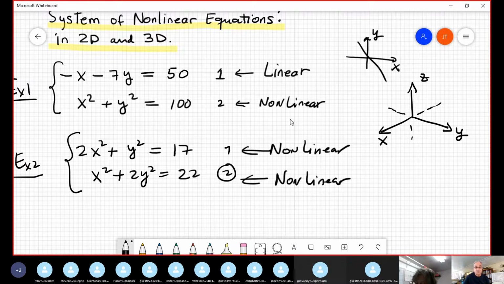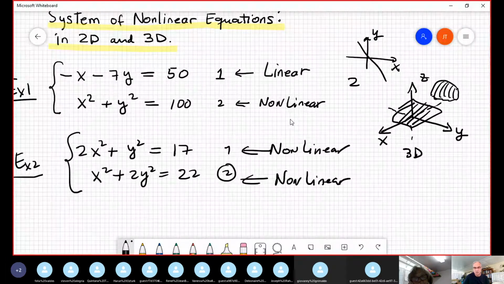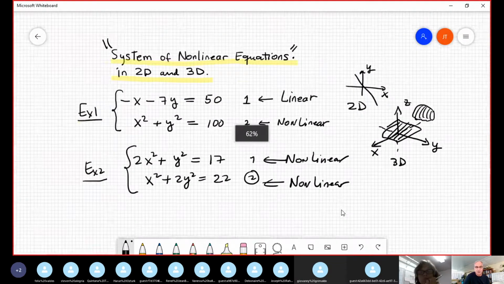The representation is a plane, or not necessarily a plane, maybe a surface. But it's not important for us. Graphing in 3D, no. In 2D, yes, of course. Does everyone understand what a non-linear system of equations means?